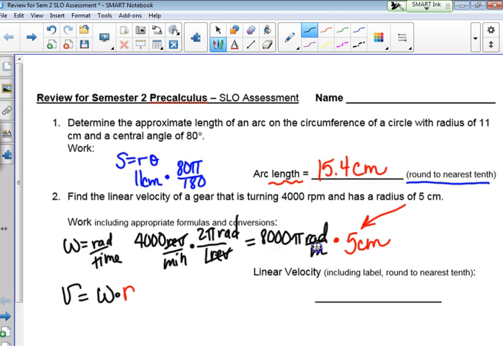All right, my label back here is confusing. This should be radians per minute. So what is that going to happen when we do radians times centimeters divided by minutes? Yes, a linear is a distance per time, so we're going to have centimeters per minute. It doesn't ask us a particular label, so we're going to go with the easiest one that's there, right?